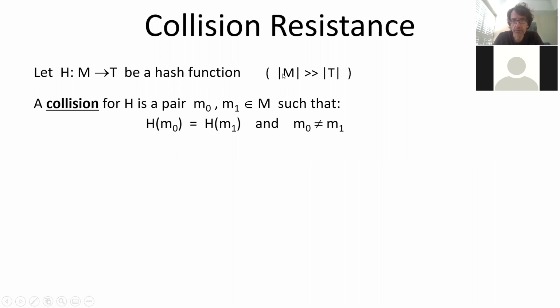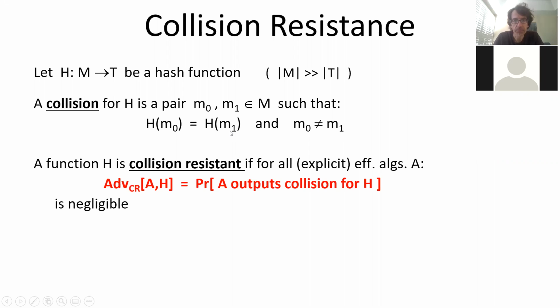If the domain is larger than the range, these must exist, by the pigeonhole principle. Nevertheless, we say that such a function is collision resistant if for all efficient algorithms, the probability that the algorithm finds a pair of preimages that creates a collision is negligible.